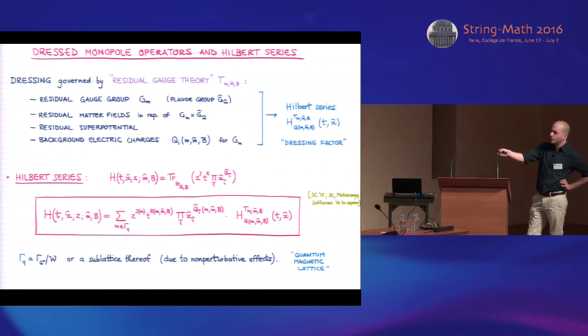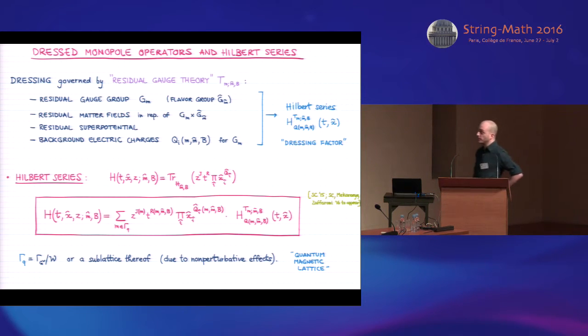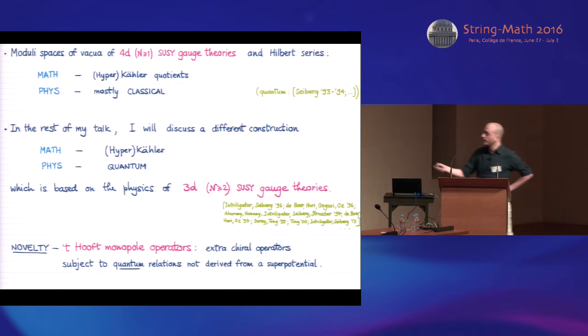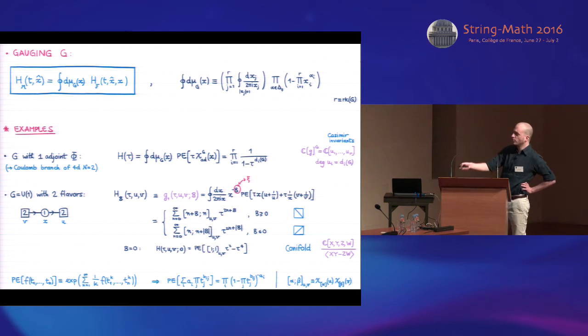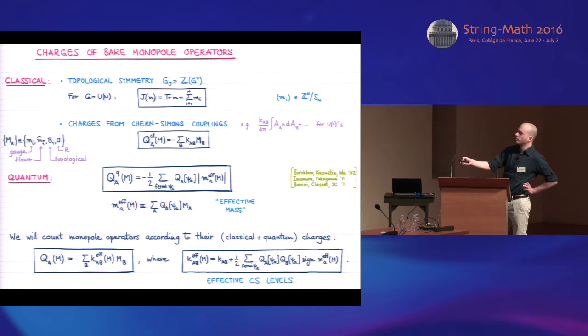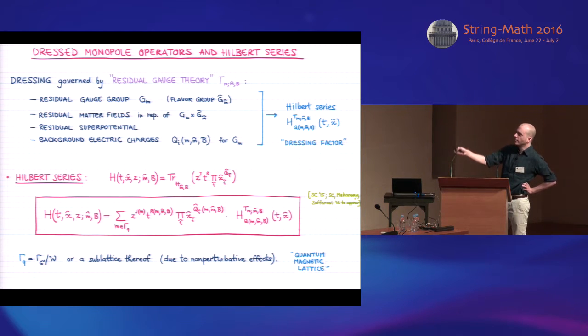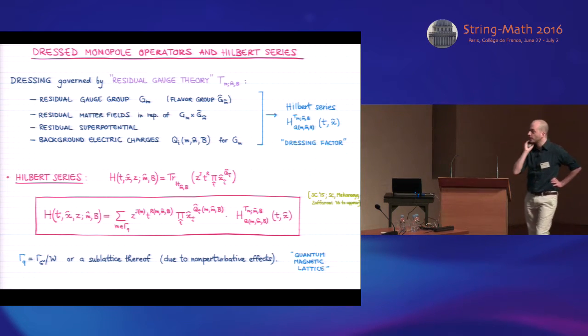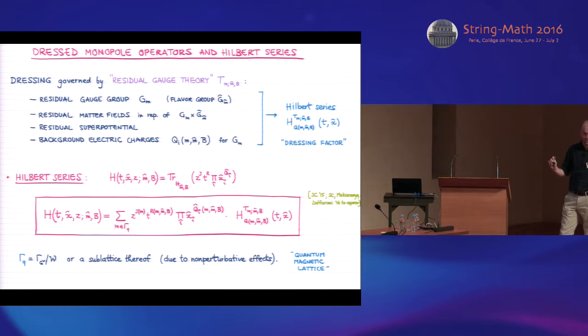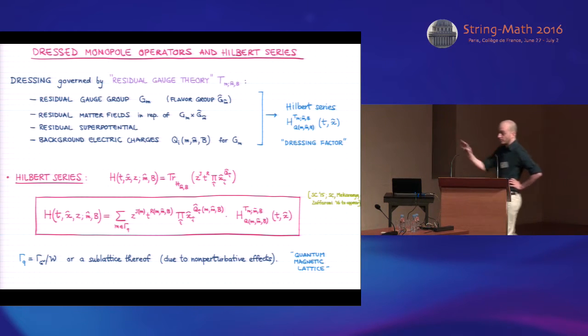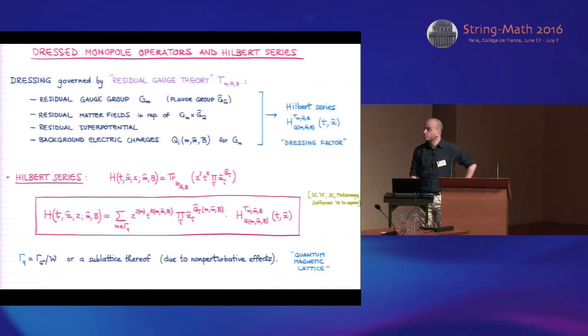And more crucially, it has some background electric charges, which is the charge carried by the monopole operator. And so, much like we computed in this slide, we can compute the Hilbert series for this residual gauge theory, which I will call the dressing factor, for a reason that will become clear in a second.